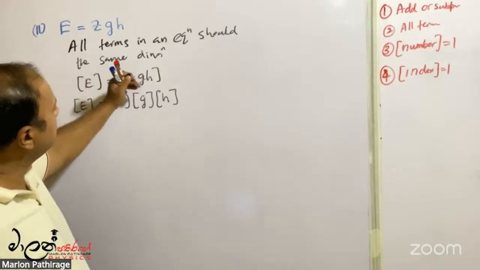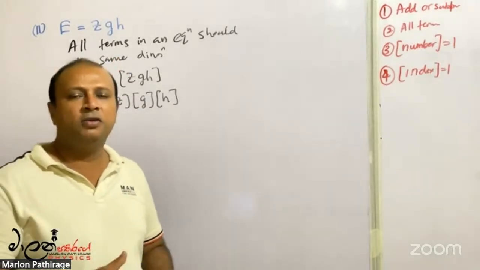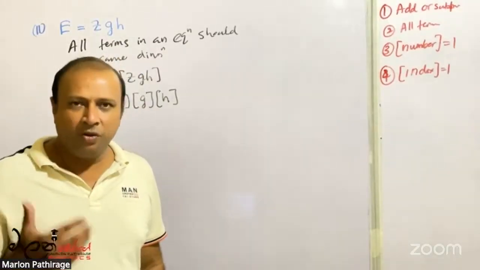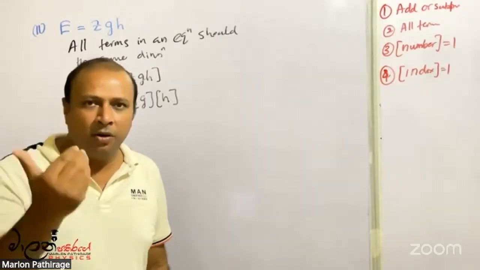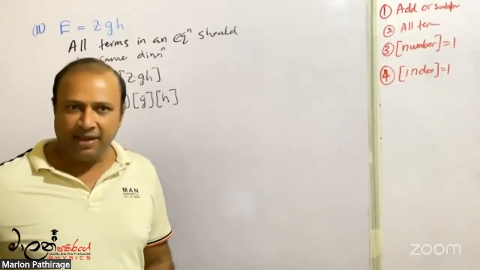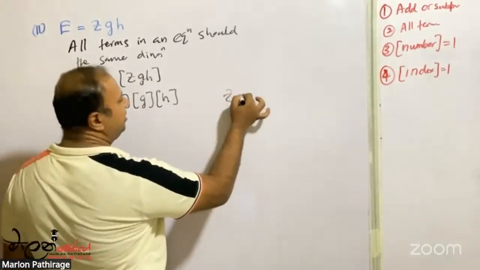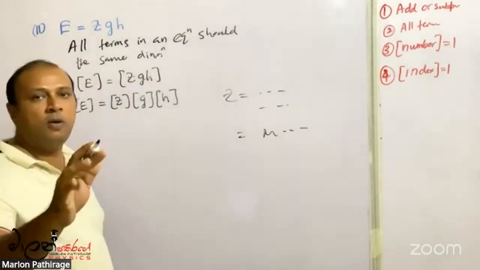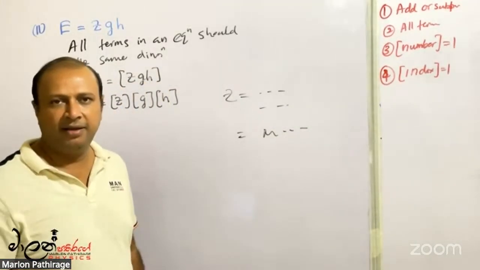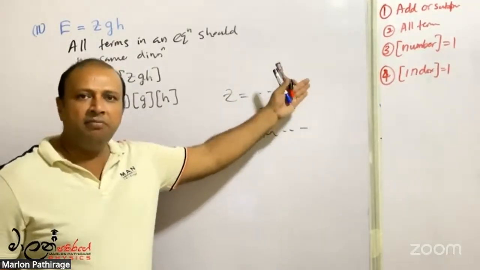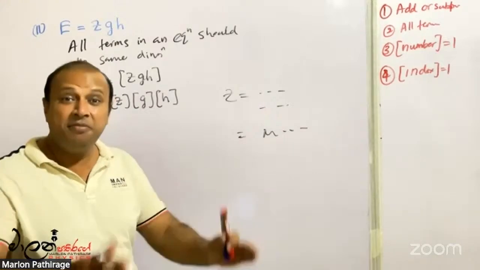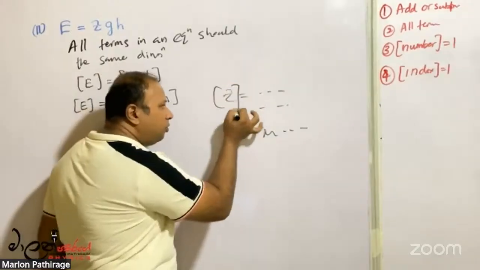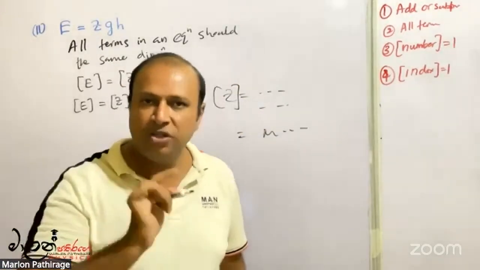Dimension of E is equal to dimension of Z. You are not going to find the value of Z. Don't write Z is equal to ML blah blah blah. Dimension of Z is equal to this thing. Therefore, you have to write it in the square bracket.